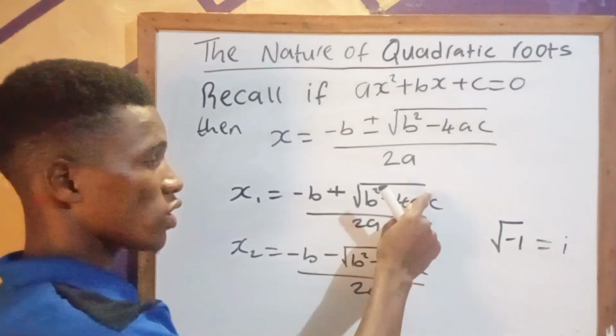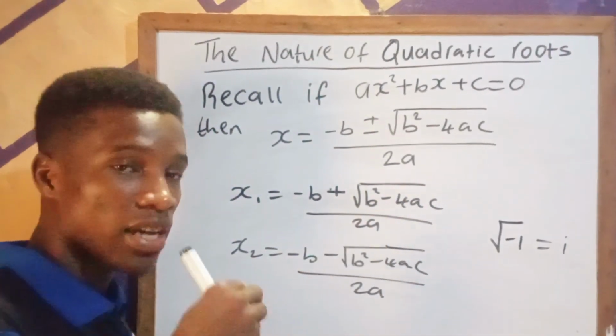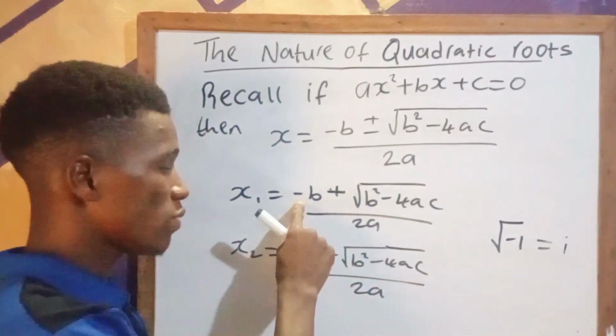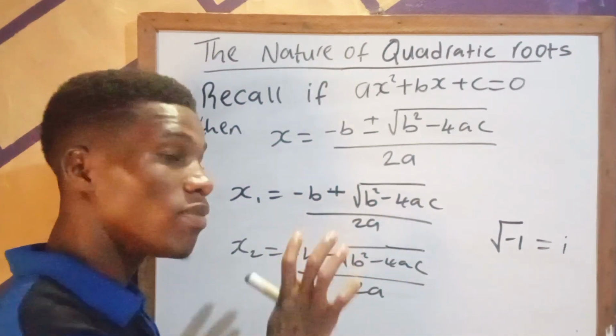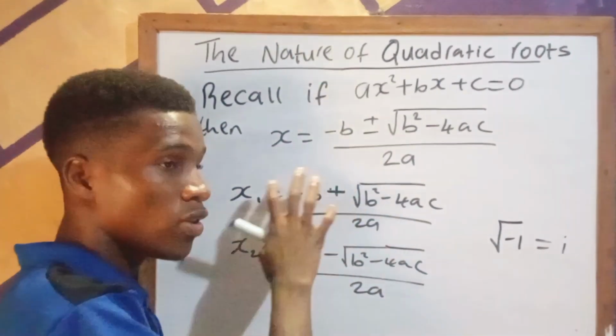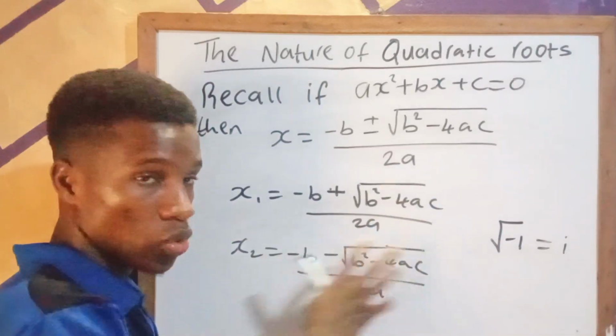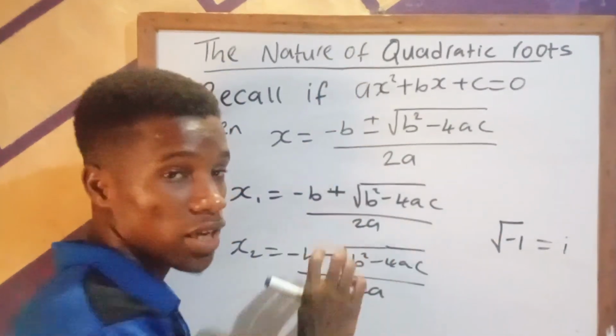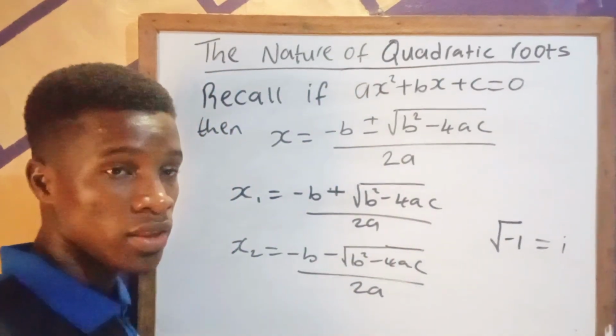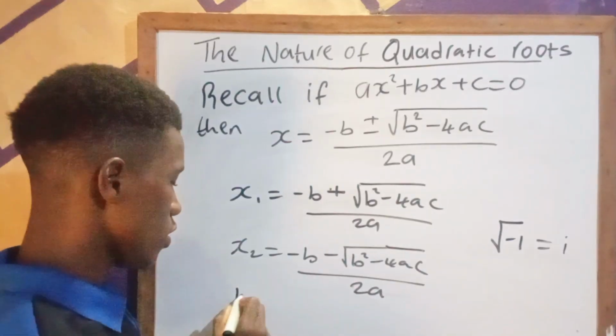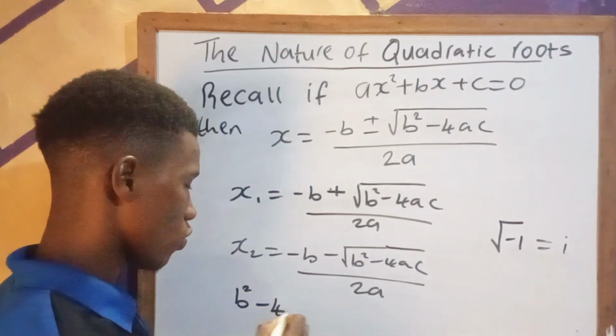What determines the majority of this solution is this factor inside here, and that's what we call the discriminant. That is b squared minus 4ac.